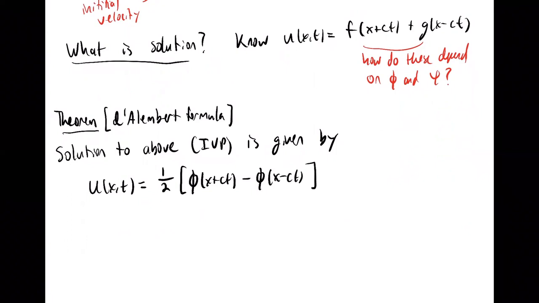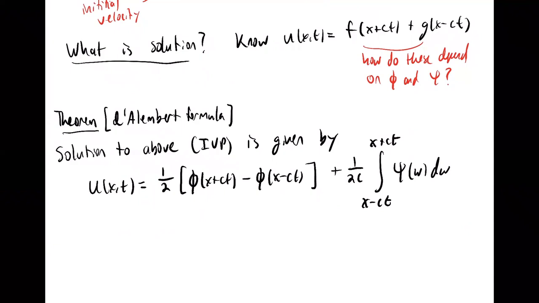And then I have another term which corresponds to the initial velocity, the function psi. And so this turns out to be 1/(2c) times an integral of psi, where the bounds for the integral are from x minus ct to x plus ct.